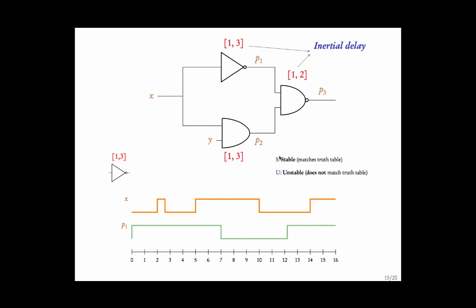So some notation: we say that the gate is stable if the outputs and inputs match the truth table, for example 1, 0, 0, 1. It's said to be unstable if the inputs and outputs do not match the truth table. So here in this portion, the system is stable.